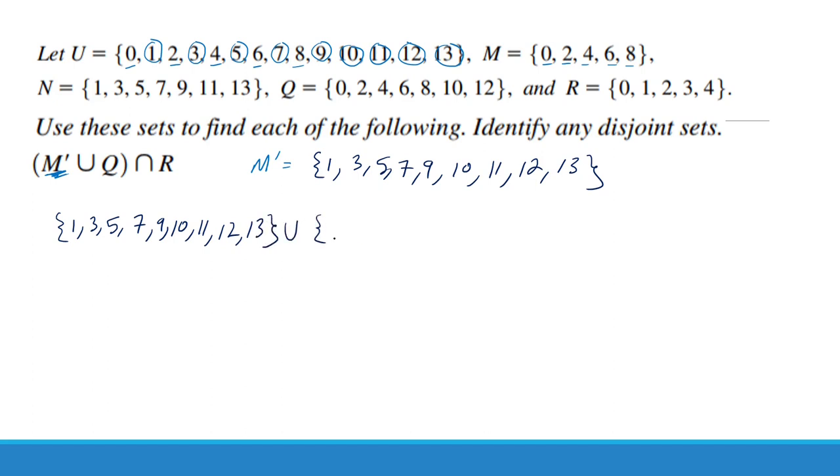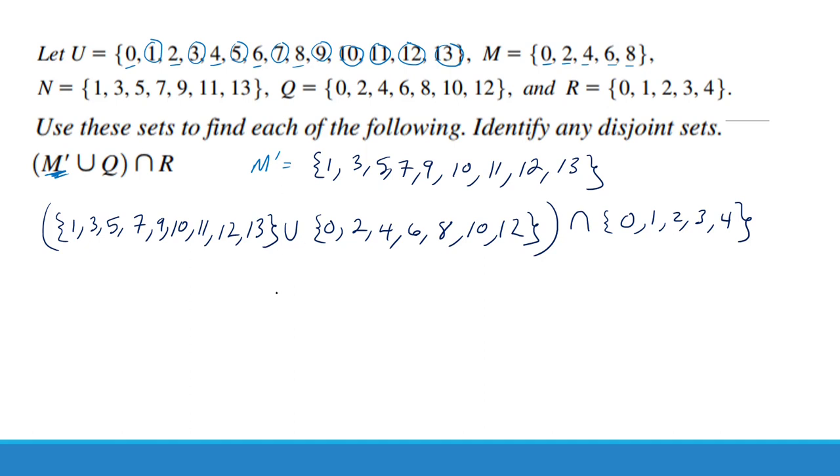In this case, set Q is 0, 2, 4, 6, 8, 10, 12. We'll have a parentheses around this, so we'll have to do the inside first. And then we're going to intersect that with set R, which is 0, 1, 2, 3, 4.